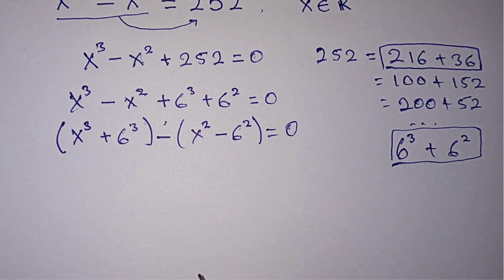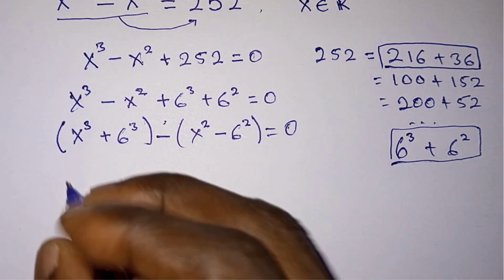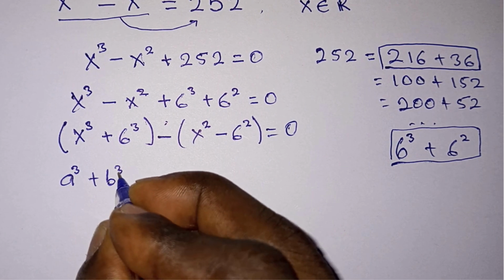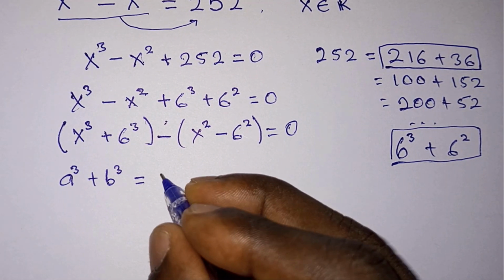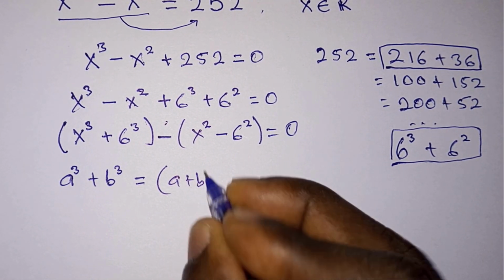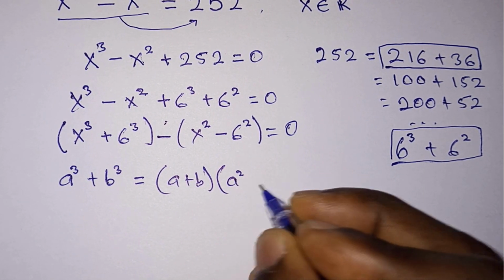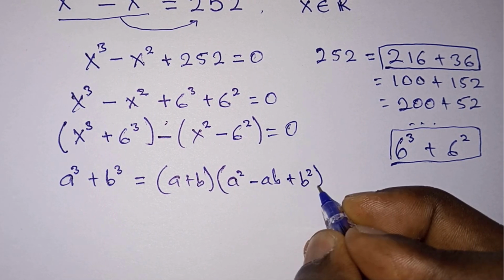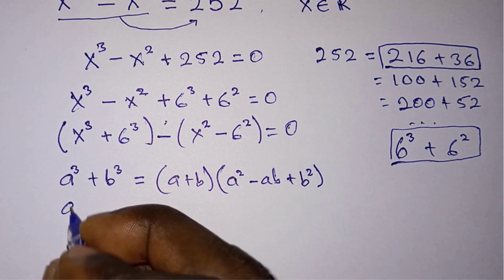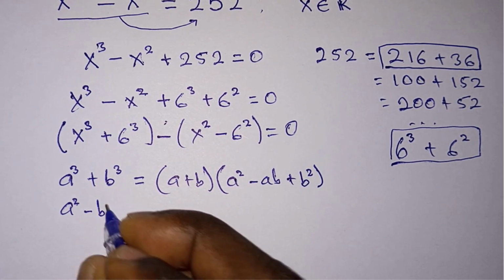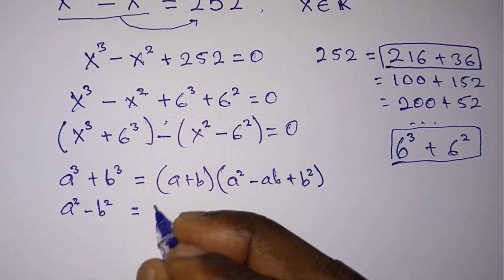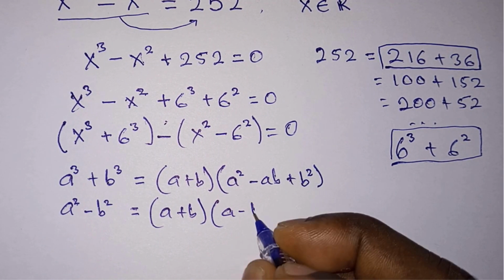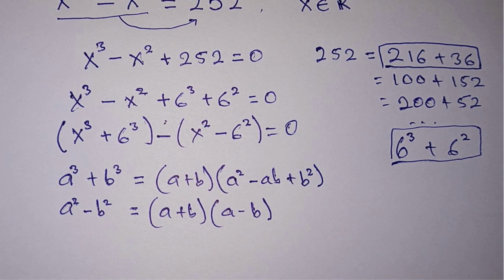Then from here, we will remember our algebraic identities. That is, if we have a to the third power plus b to the third power, this could be expressed as a plus b times a squared minus a times b plus b squared. Likewise, if we have a to the second power minus b to the second power, we can also express this as a plus b times a minus b. This is difference of two squares, right?